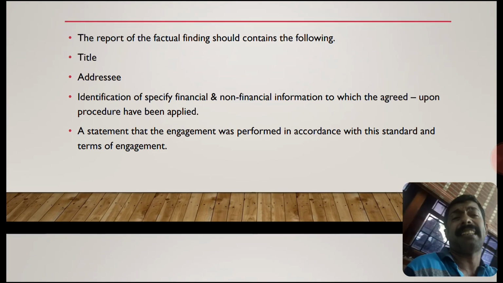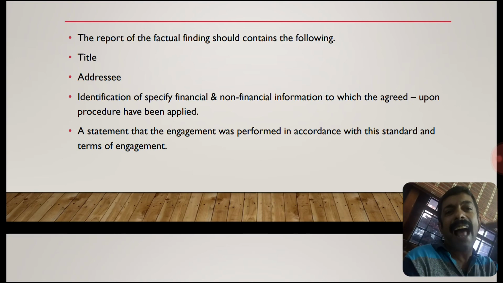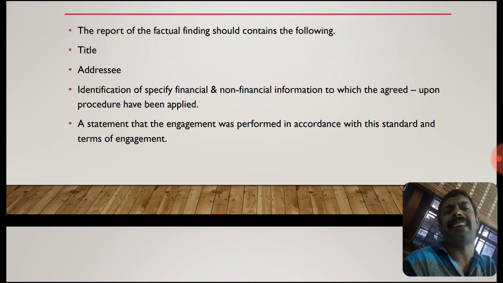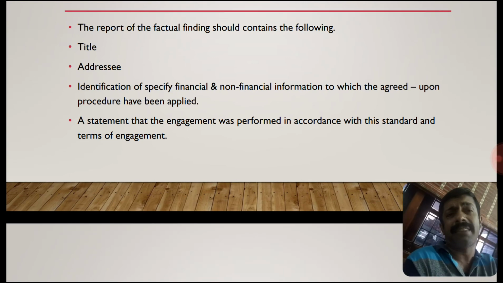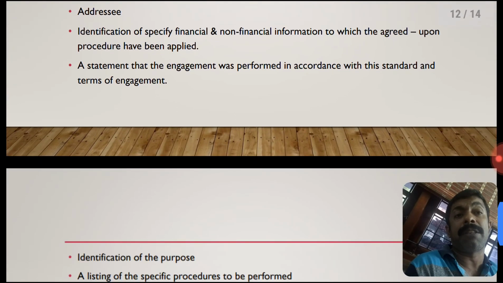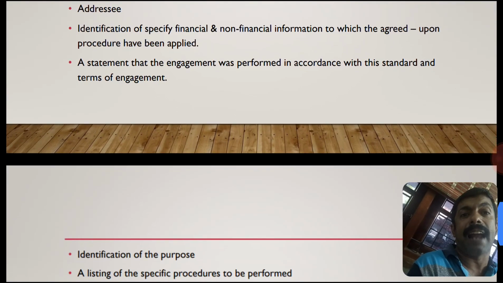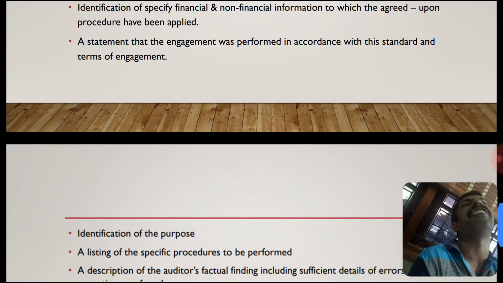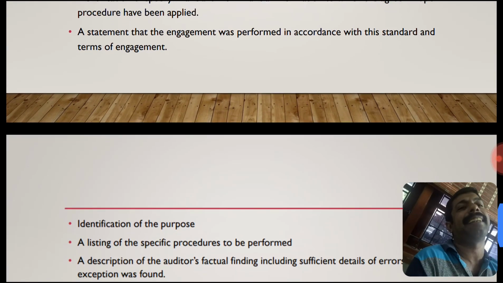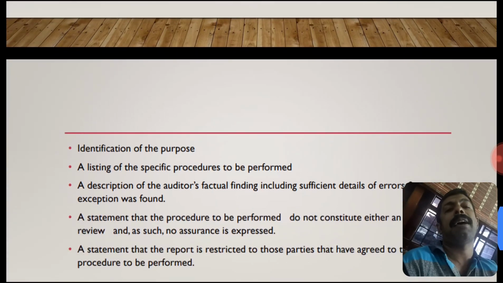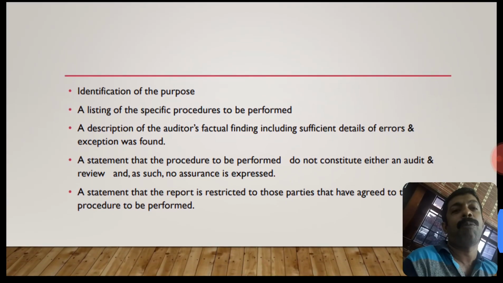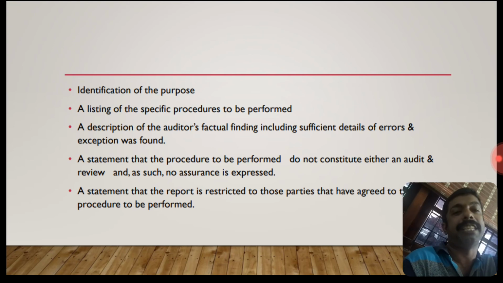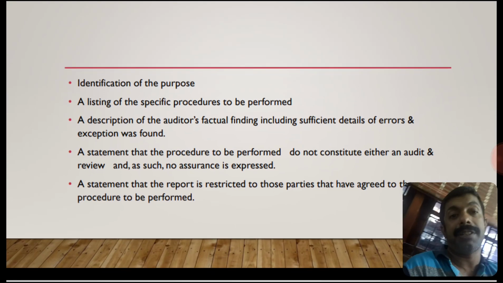We see in the example of franchisee, the franchisee has to comply with the quality standards and certain financial related matters such as stock, and further maintaining the other conditions. A statement that the engagement was performed in accordance with the standard and terms of engagement. It mentions that the audit has been performed in accordance with agreed upon procedures between the client and the chartered accountant.